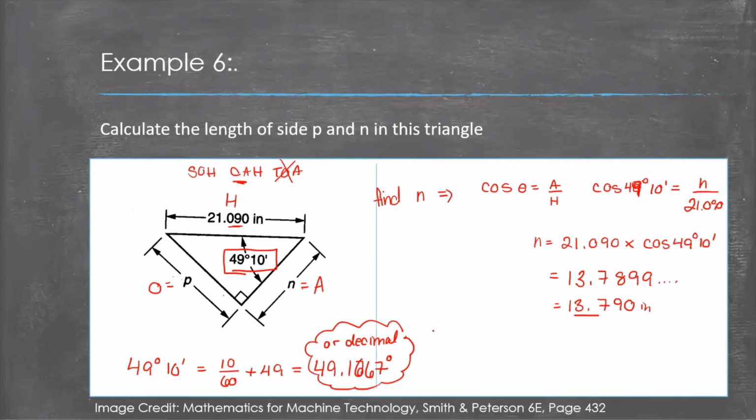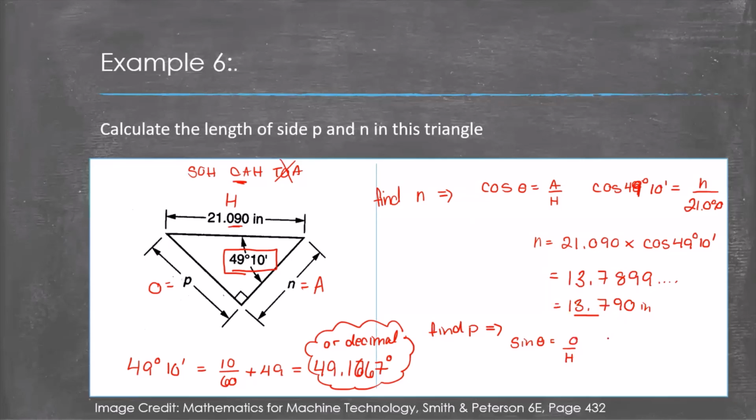Now, you're going to find P. In order to find P, we need to find the opposite. So if cosine uses adjacent, we're going to use sine. Sine of our angle equals opposite over hypotenuse.